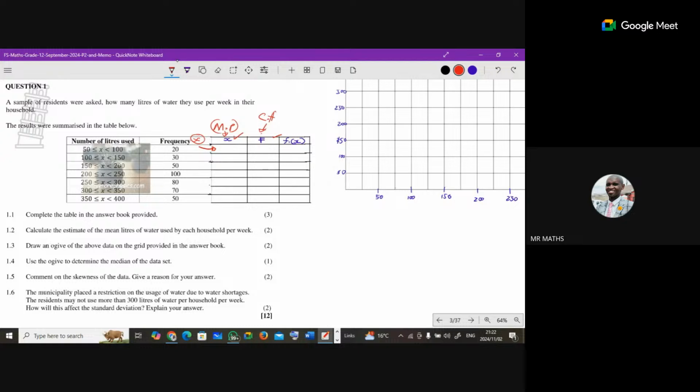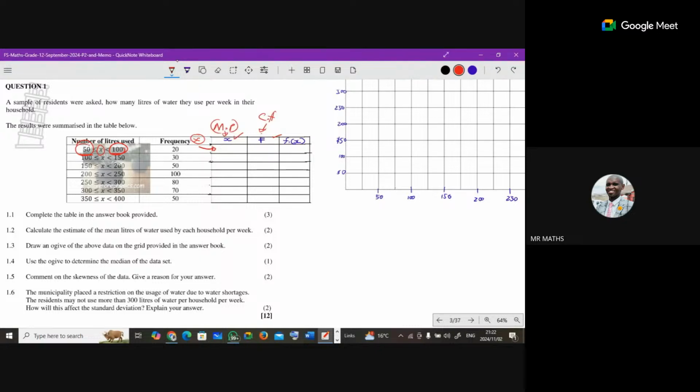How are we to get a midpoint? The midpoint always, uthatha i maximum uyi-add ne minimum uyi-divide ngo-2.